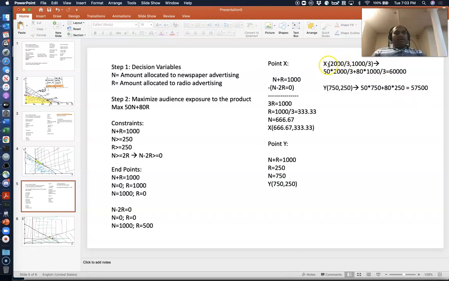Okay, so if you take point x, you will get an audience exposure rating of 60,000. If you take point y, you get audience exposure rating of 57,500. So obviously point x is a better solution.